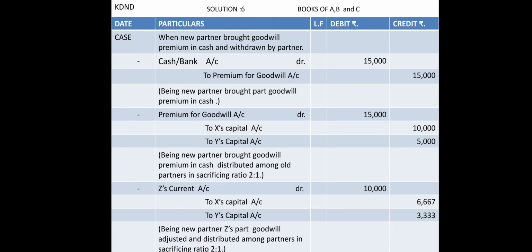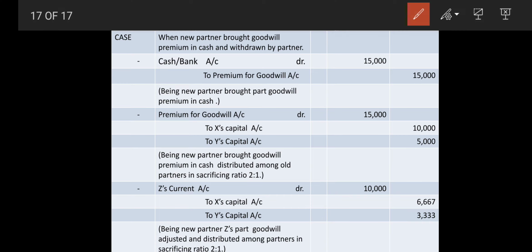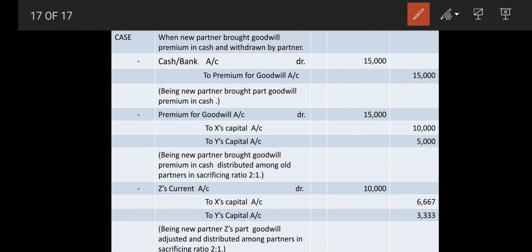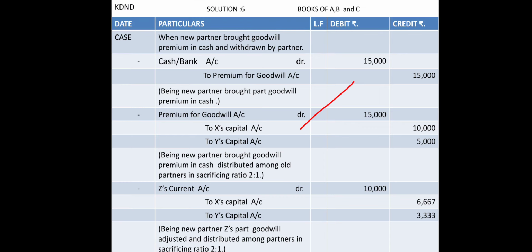So first, journal entries as usual: cash/bank account debit to premium for goodwill. The amount will be 15,000, what he is able to bring. Then premium for goodwill account debit to A's capital and B's capital. That is the distribution of this amount of 15,000 among the sacrificing partners in their sacrificing ratio. And then the rest of the amount, that is 10,000, is yet to be received.